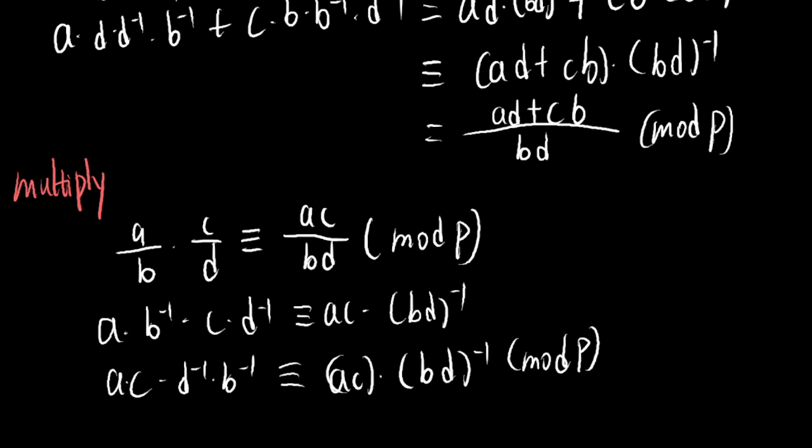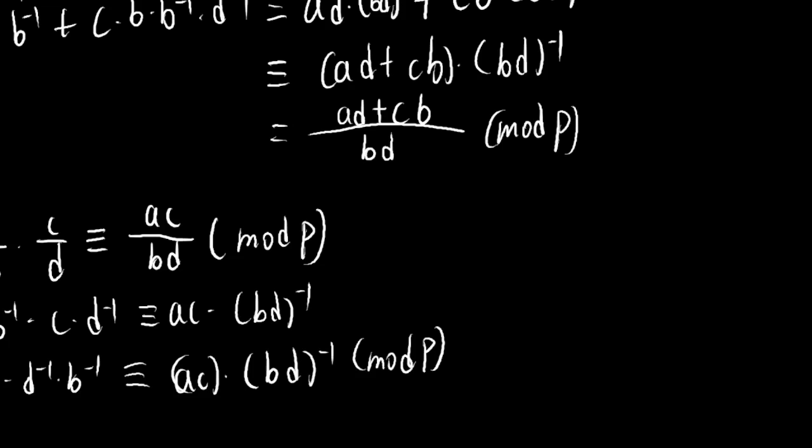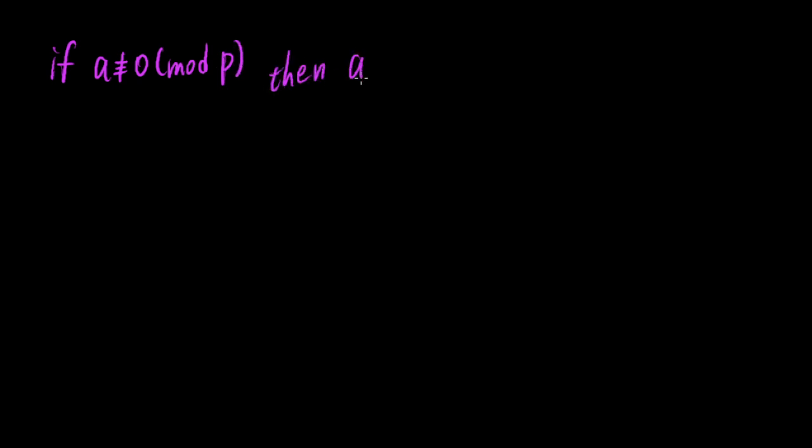And now we have some exercise to use what we've learned. What we want to prove is that if a does not be congruent to 0 mod p, then a to the power of p minus 2 is congruent to a to the power of minus 1 mod p.